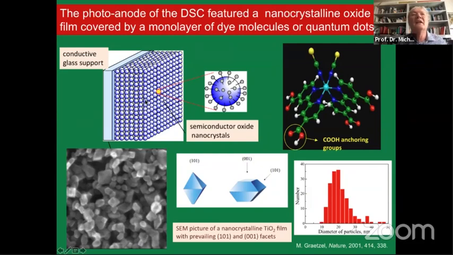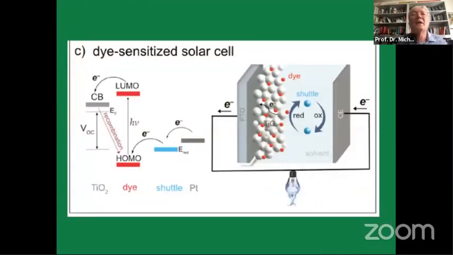Why? Well, the surface area of these particle films is so huge, about 1,000 to 2,000 times the projected geometric area, and so you get a lot of light absorption.